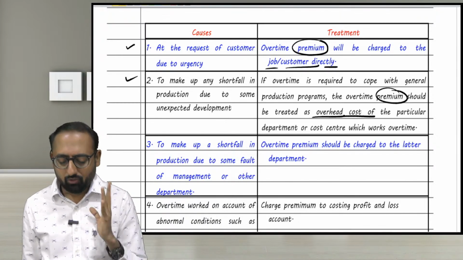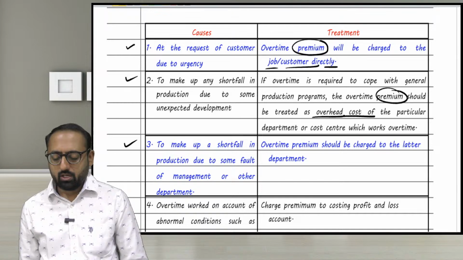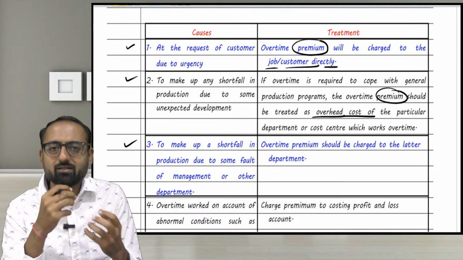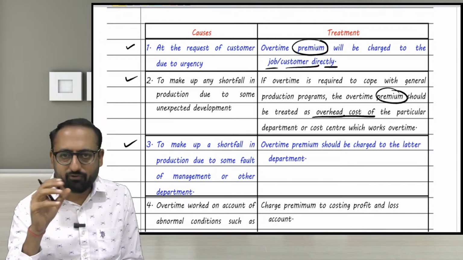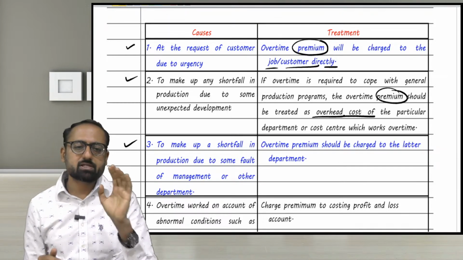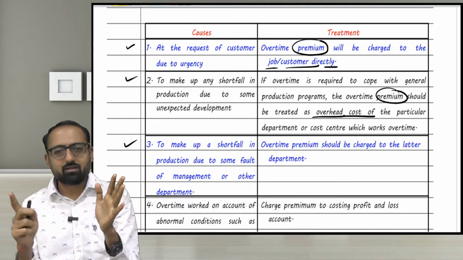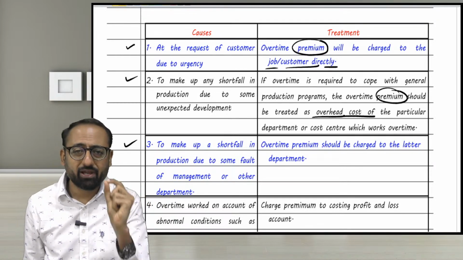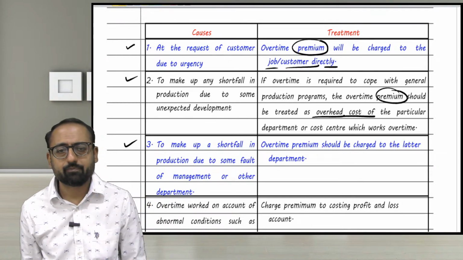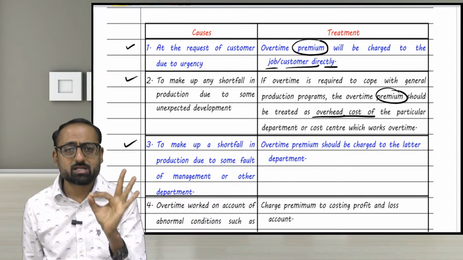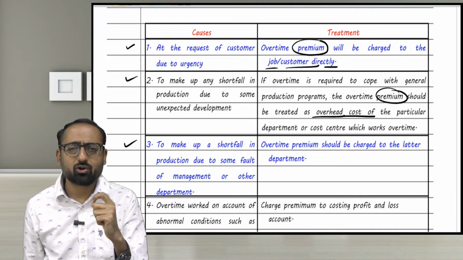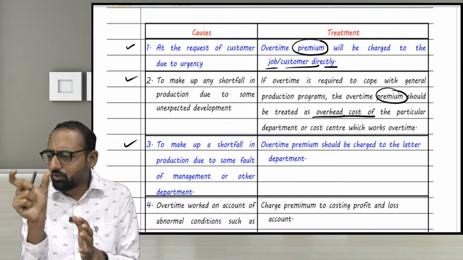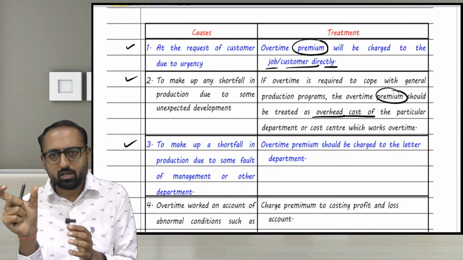Now, the third situation, guys. If overtime is worked because of the fault of another department, for example, there are two departments. The first is the purchase department, and the other is the production department. The purchase department failed to purchase raw material in time. Reorder level was not maintained, so you are not getting the material in time. Because of that, production gets affected.